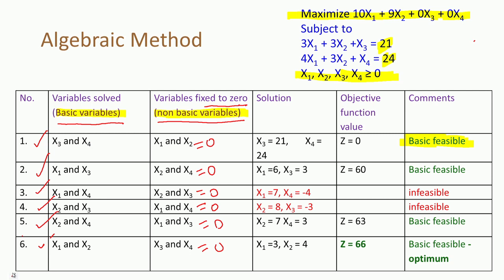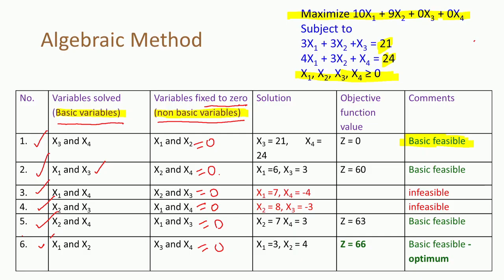Now in this second solution, we are going to solve for x1 and x3 by keeping x2 and x4 at 0. Since I am keeping x2 and x4 at 0, I am writing these off, x2 and x4 are not here. So directly I get 4x1 equal to 24 from the second equation, that gives me x1 equal to 6.